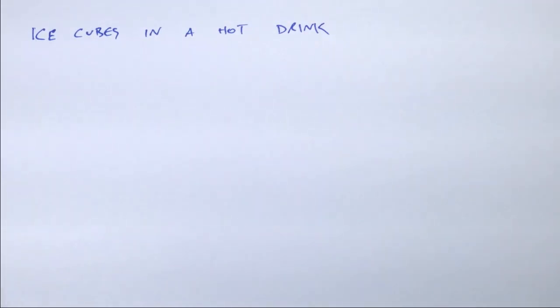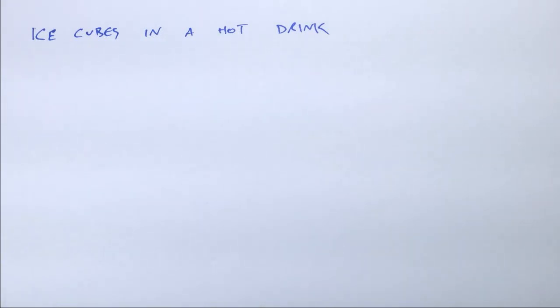You know how it is, you heat up water for like tea, or maybe you heat up some soup and it's just too hot, you can't eat it. So you cool it down with ice cubes. We're going to figure out what the final temperature you should expect to get if you throw ice into some sort of hot fluid. So here is the sample problem that I'm going to work out.